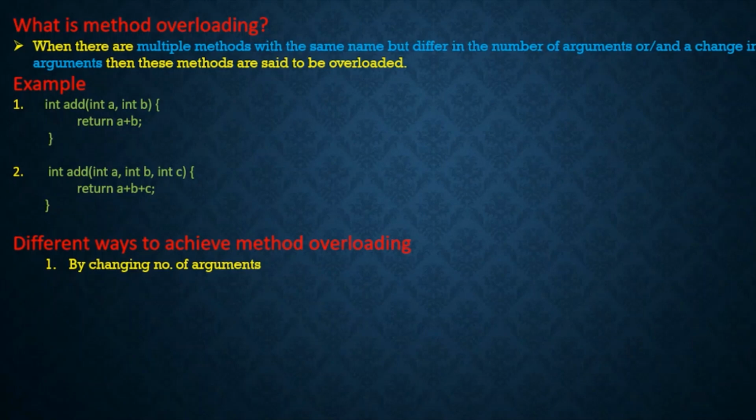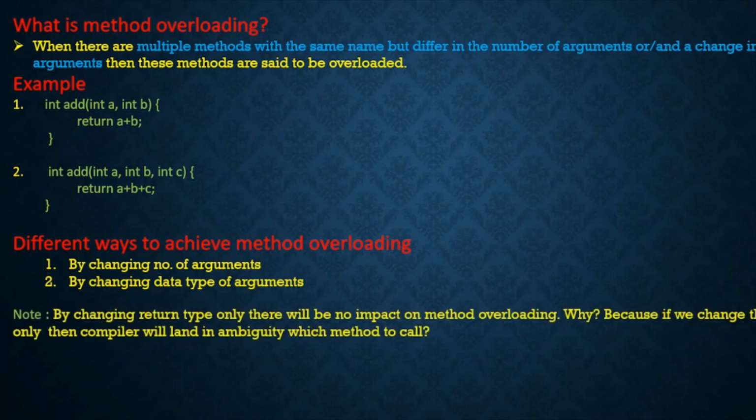I have taken the two integer types, int a and int b. Now what I can do, I will take another add method which will take arguments of int type and, let's consider, float type, performing the same addition. This is different, int and float. This will be a different method, right? So I can say by changing the number of arguments or by changing the type of argument or both, anything we can achieve.